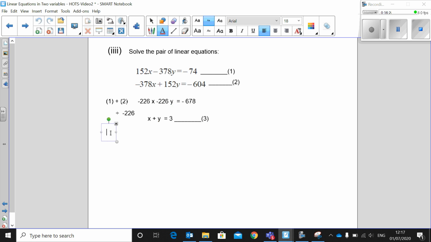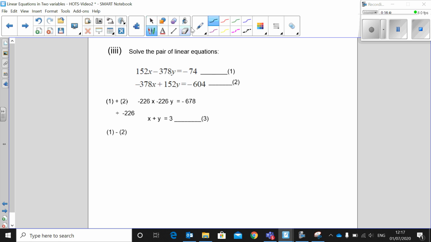Next, let us subtract equation 1 minus equation 2. So equation 1 minus equation 2 gives us 152x minus of, if it is a minus, I have to change the sign, so this has become plus, this has become minus, and this has become plus 604.